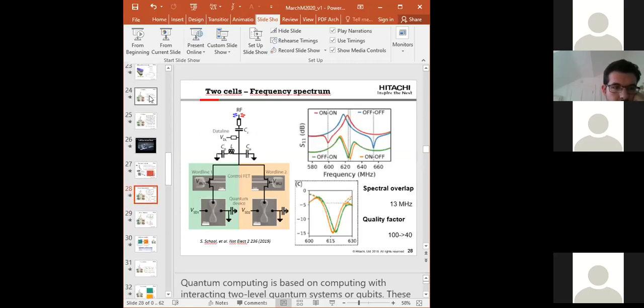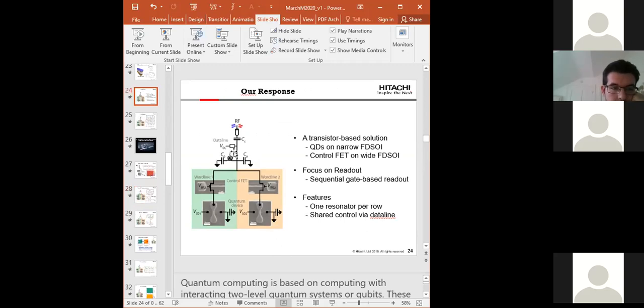So maybe let's use this image. For example, the data line in this arrangement is shared between two devices. The vision is you load the data line with a particular voltage, and then you open the word line, and that voltage will appear on the quantum device 1. The voltage that you need for this particular FD-SOI technology is of the order of 0.5 volts, so quite compatible with industry standards.